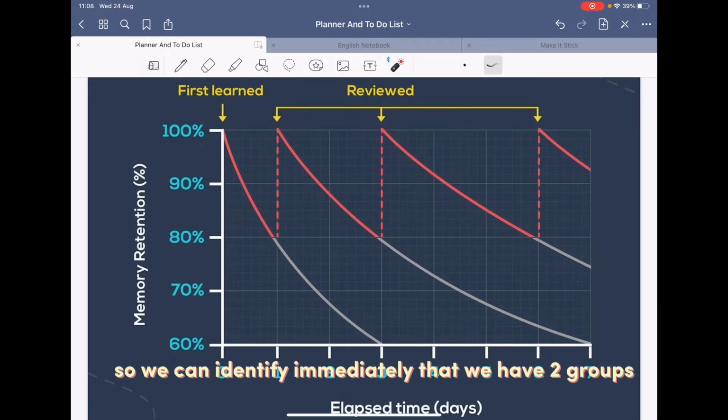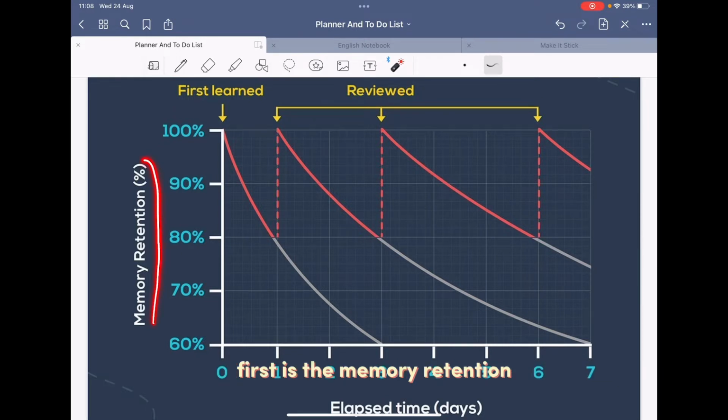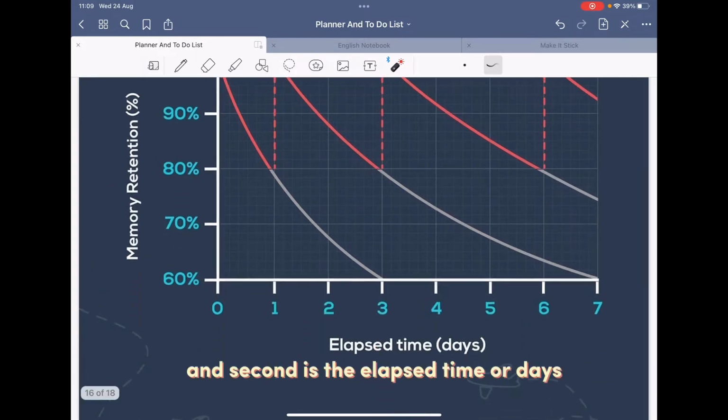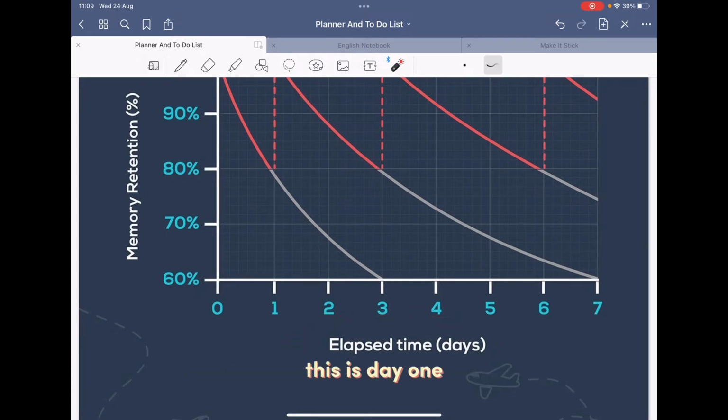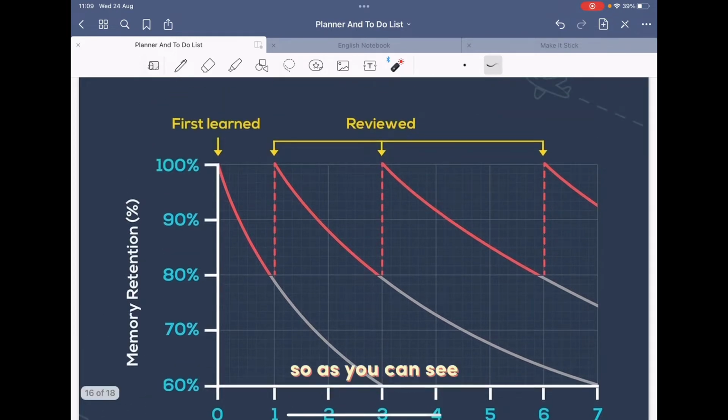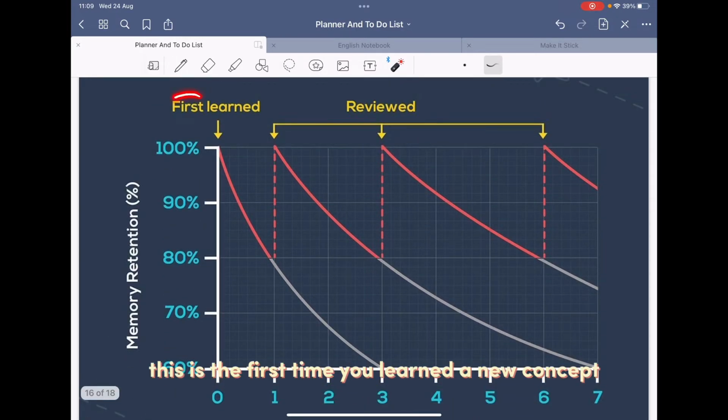So we can identify immediately that we have 2 groups. First is the memory retention, and second is the elapsed time or days. This is day 1, day 2, day 3, day 4, day 5, and so on. As you can see, this is the first time you learned a new concept.